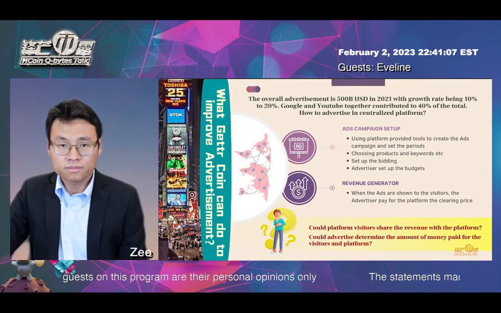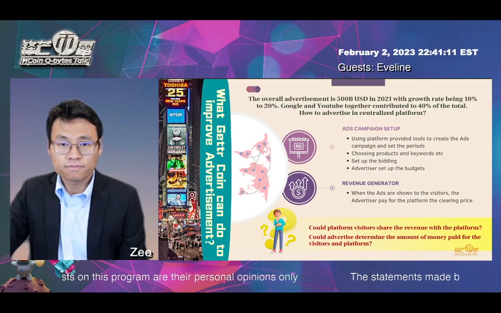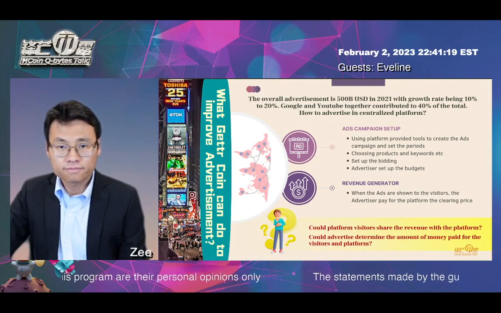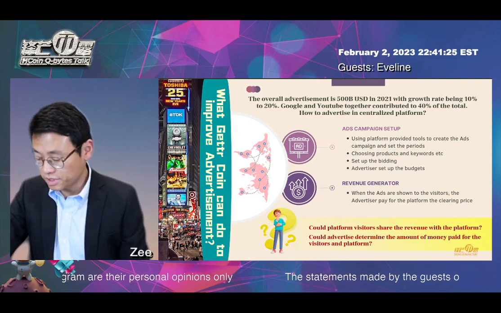I feel like with this blockchain technology and this mechanism of crypto distribution, it will incentivize more people to create and share their own ideas. Okay, back to you, Z. Yeah, that's a very good point.